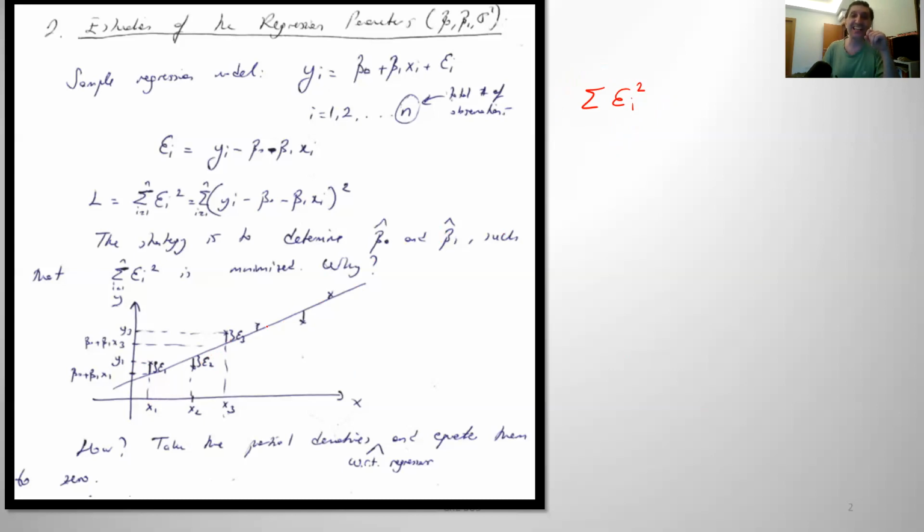It makes the large errors even greater. What do I mean by that? If we have an error term, let's say minus 0.5, when you square it, it's going to be 0.25. That minus 0.5, absolute value of 0.5, even has been decreased. But if you have an error of, let's say, 3, then this error squared is going to be equal to 9. So the large error will be heavily penalized.